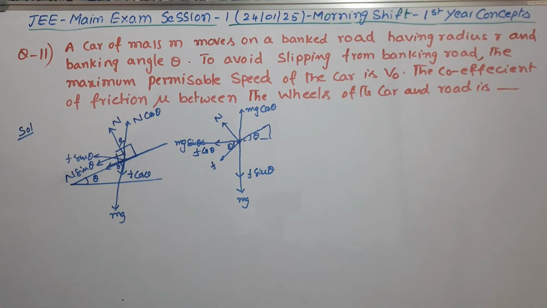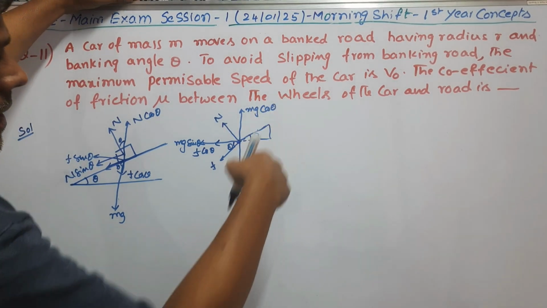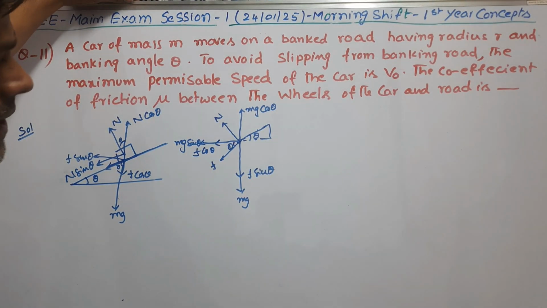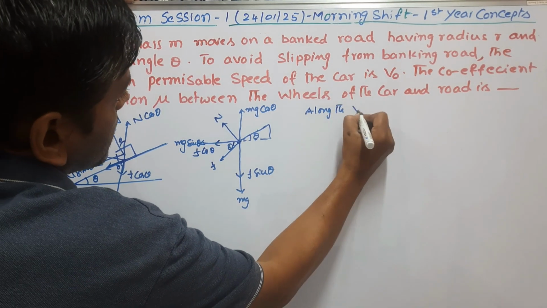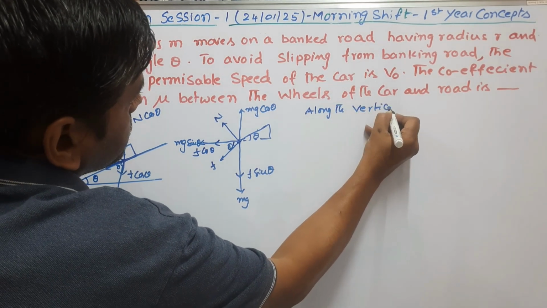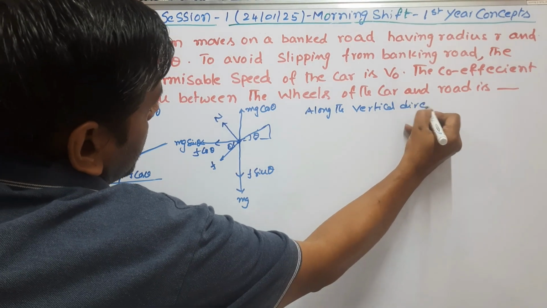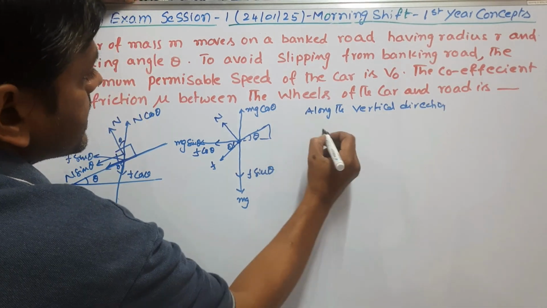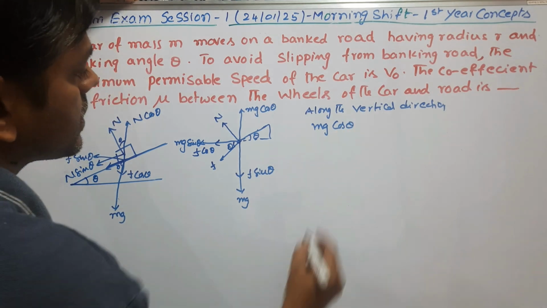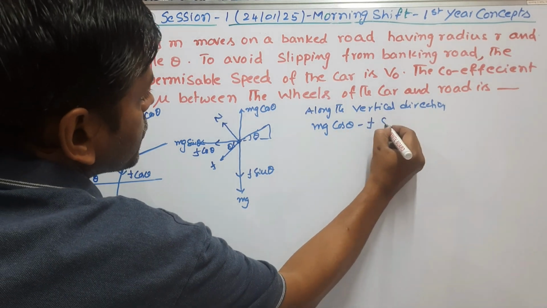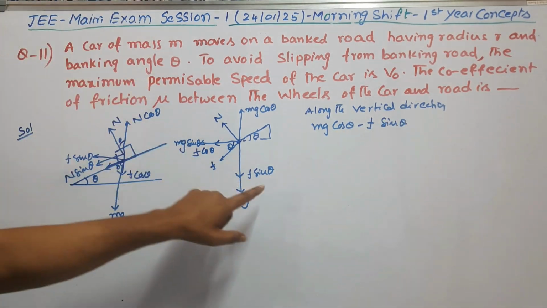Now, using the free body diagram, balance the horizontal forces as well as the vertical forces. Along the vertical direction, mg cos theta acts vertically upward minus F sin theta acting vertically downward.